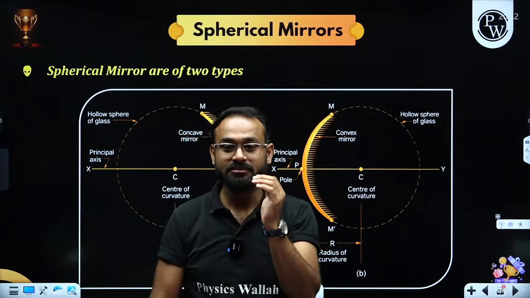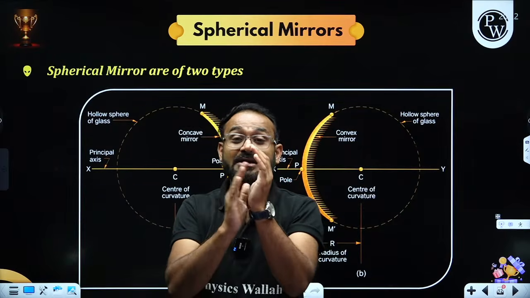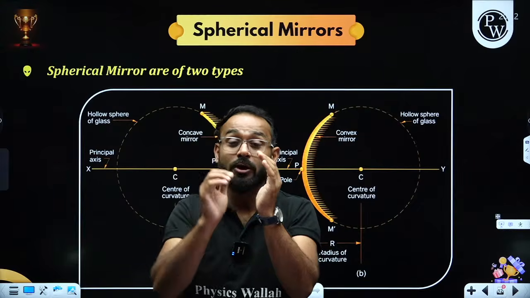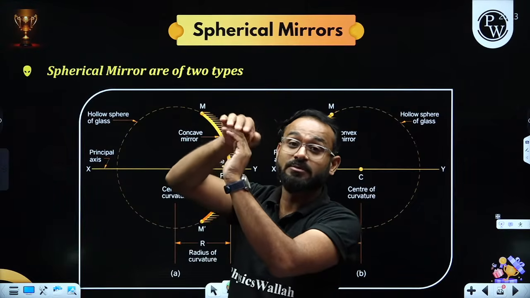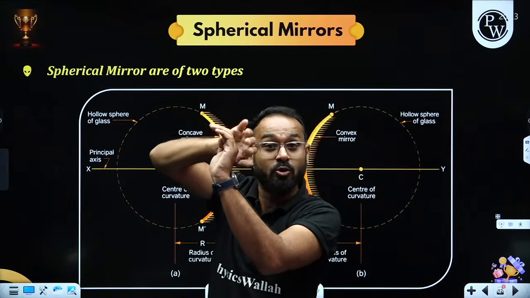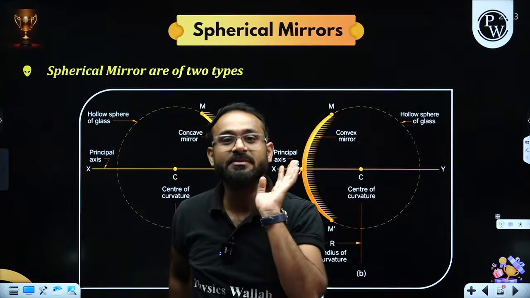Whereas if I polish the cave side and take reflection from the bulged outward part, where the light is striking, then it is a convex mirror.